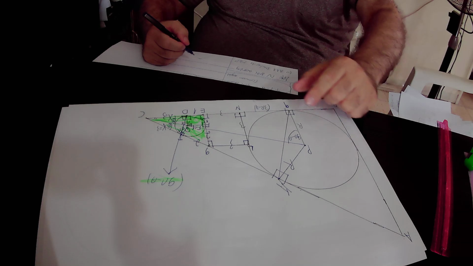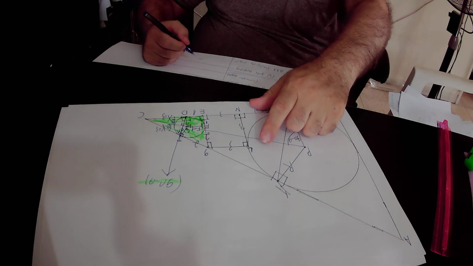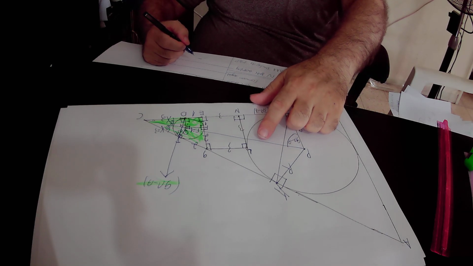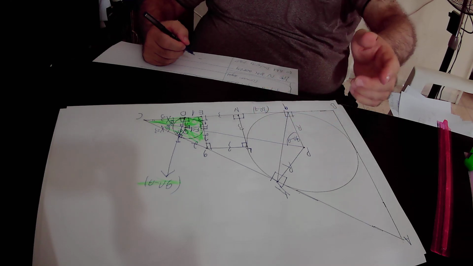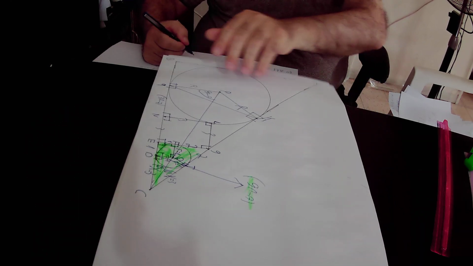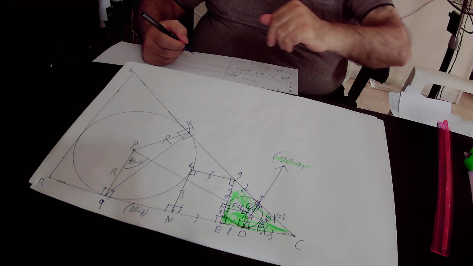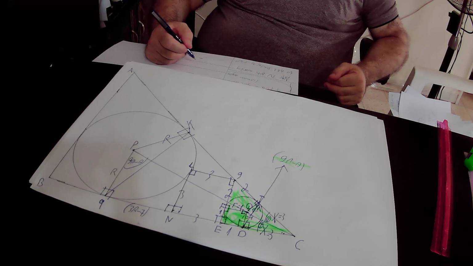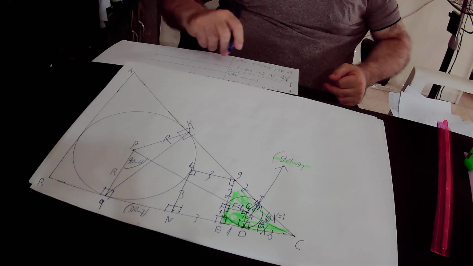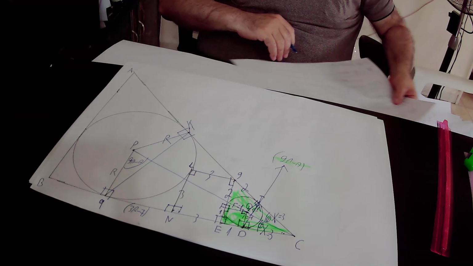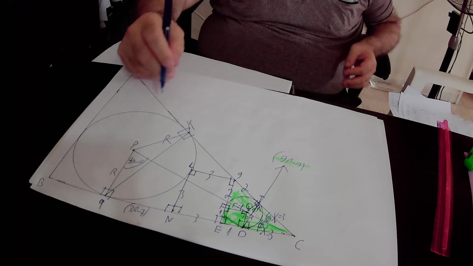Okay. So here, because the side length of the square is 3 units, we examine 3 different possibilities for the radius of the big circle.